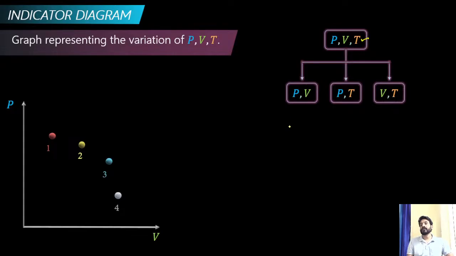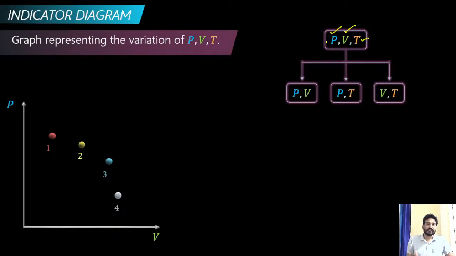It may be possible that we have P and T values, so with the help of P and T, we can calculate V. Similarly, through V and T, we can calculate P. Is it clear to you? So for calculating the third parameter, we should have a relation between them. The equation of state will give us that particular relation.